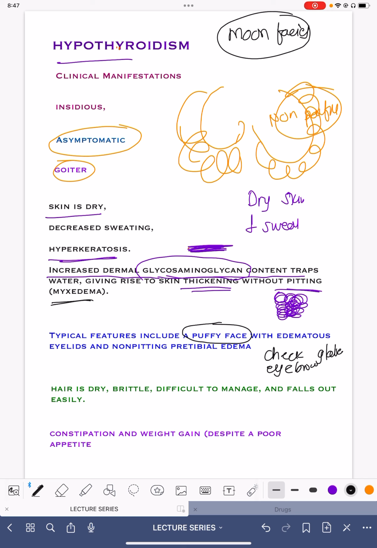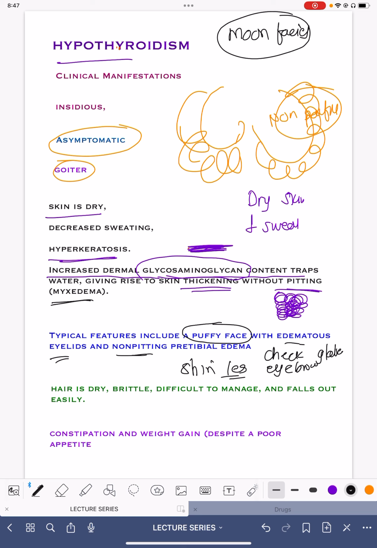So overall, the patient's face looks puffy with edematous eyelids, and these patients do have non-pitting edema on the shin of the leg.